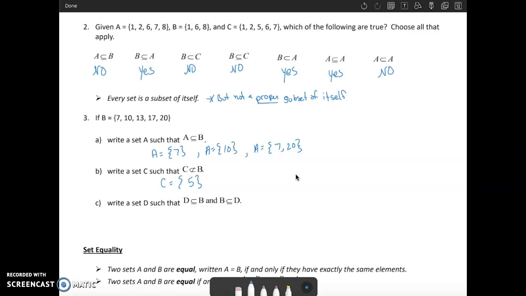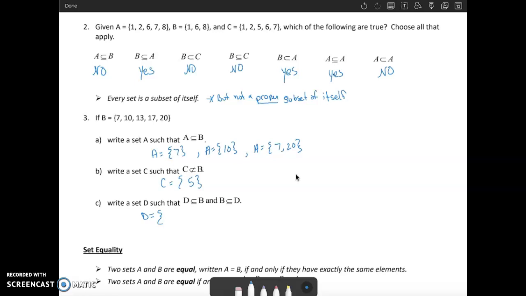Write a set D such that D is a subset of B and B is a subset of D. Okay, so we need to write a set so that every element in it is also in B, but also that every element in B is in D. And you might see where this is leading.